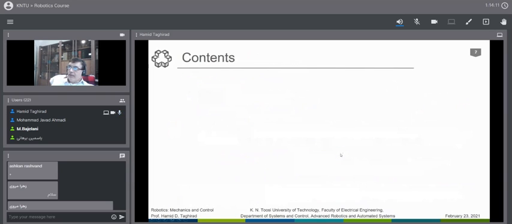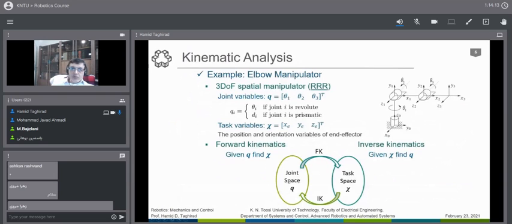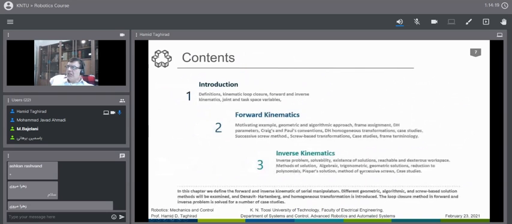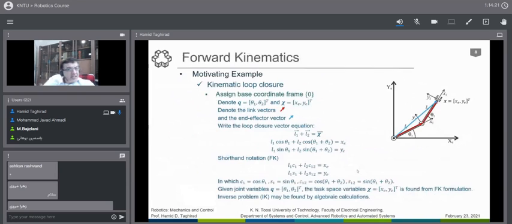See here? If Q is given, we would like to find X of E and Y of E, and this is done quite easily. No need for sophisticated manipulation. Very simple loop closure method.